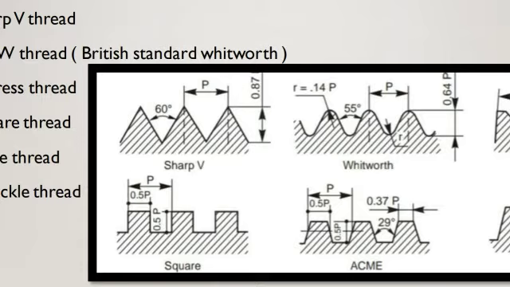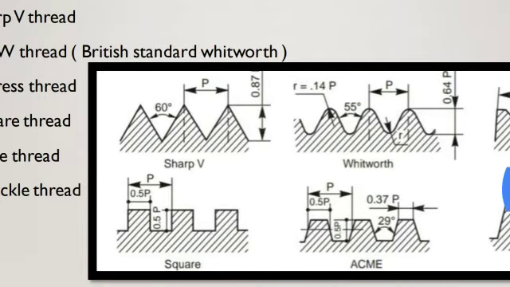In sharp V thread, the angle between two slants is known as the thread angle. The 60 degrees shown in the figure is the thread angle, and the height should be 0.87 times the pitch.